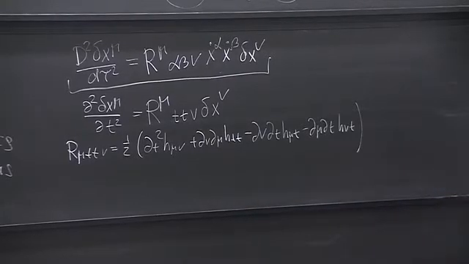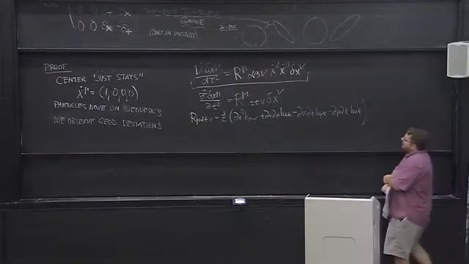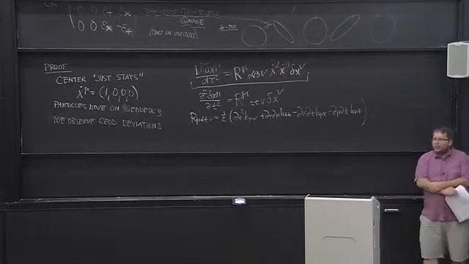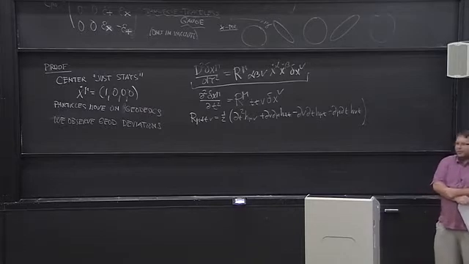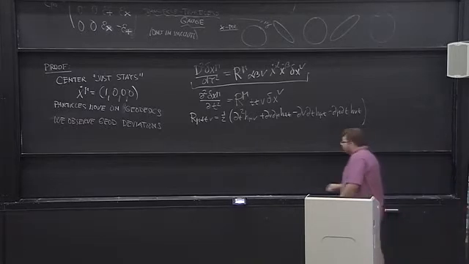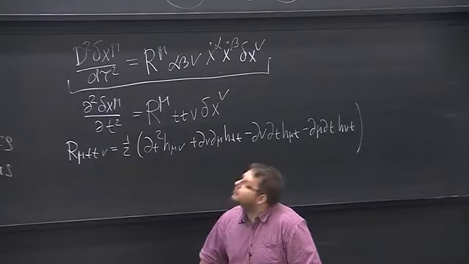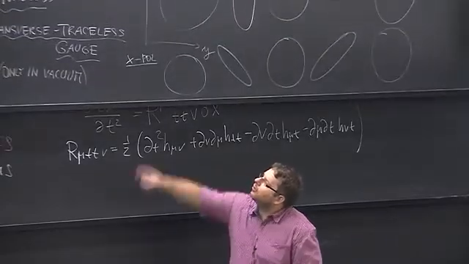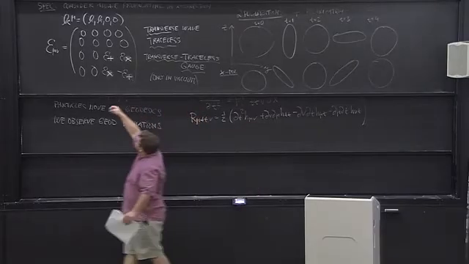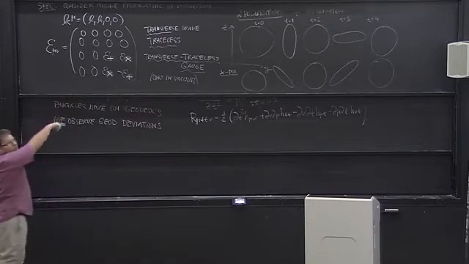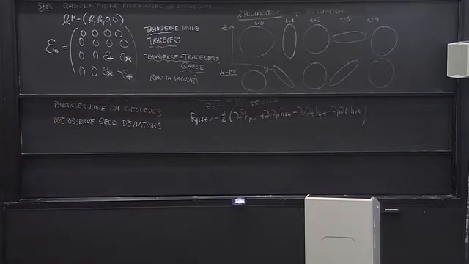So far, so good. Now, h mu nu is our perturbation due to the gravitational wave, right? h mu nu is our wave, which is described over here. So h mu nu is epsilon mu nu times e to the ikx.